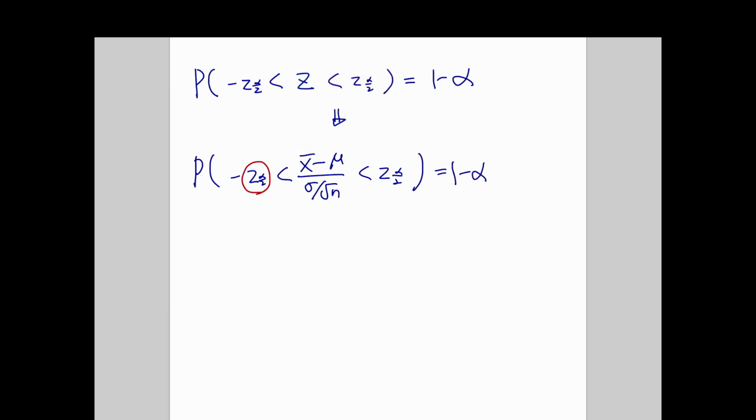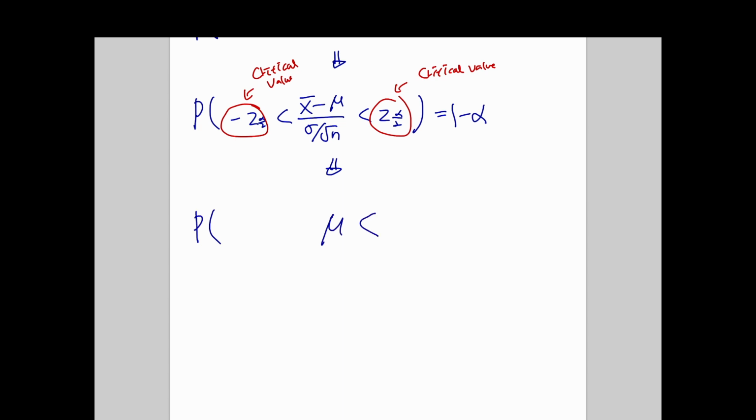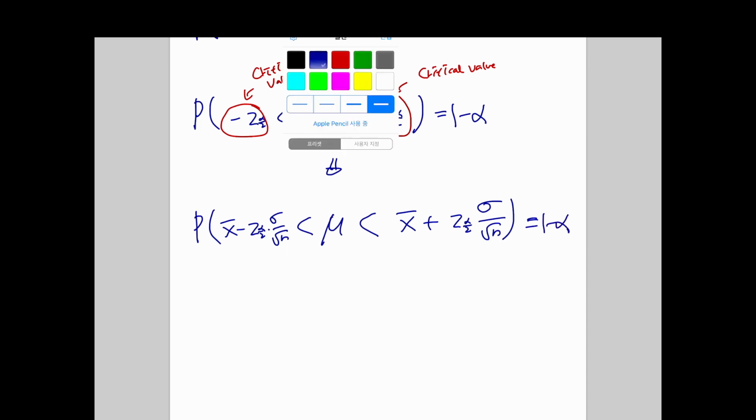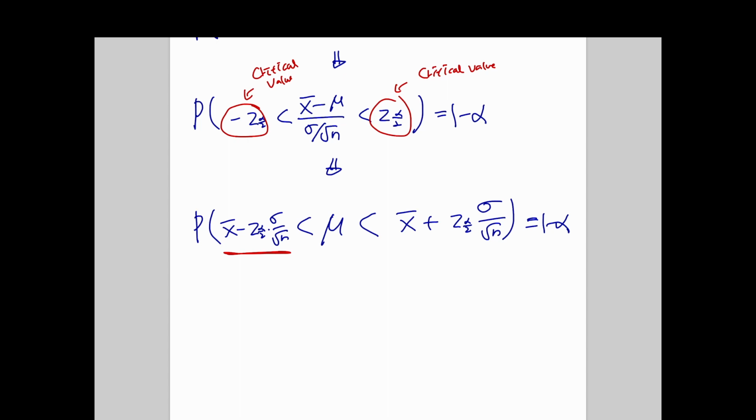Note is Mr. critical value. Okay, so this means the lower bound estimator.